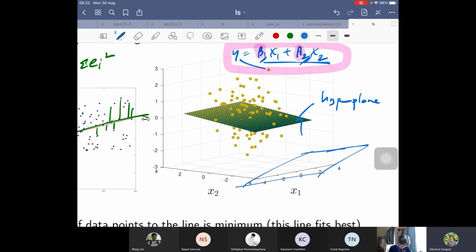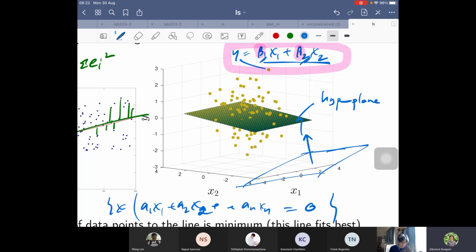I just said, the way you characterize a hyperplane is to use the normal vector. What is the equation of a hyperplane again? If you have a hyperplane equation, a1 x1 plus a2 x2 up to an xn equals 0, this is an equation of a hyperplane.